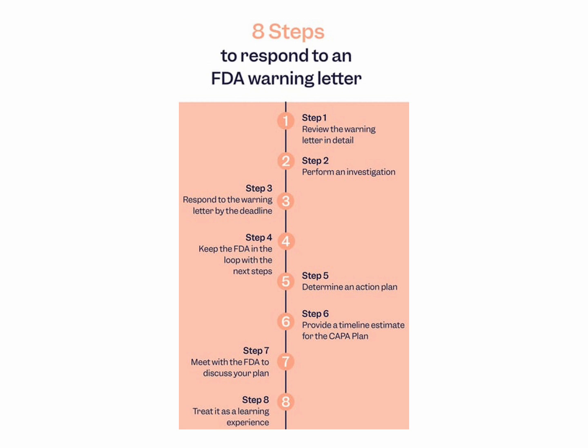Step 5 is to determine an action plan. Step 6 is to provide a timeline estimate for the corrective and preventive action plan. Step 7 is to meet with the FDA to discuss your plan. And step 8 is to treat it as a learning experience.